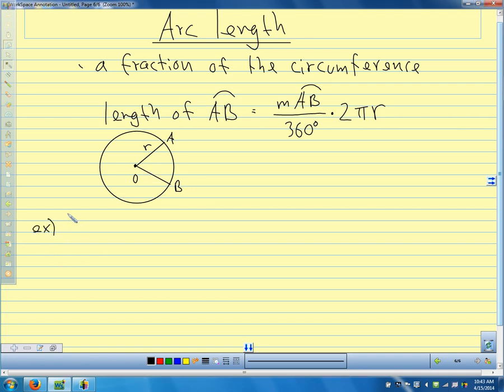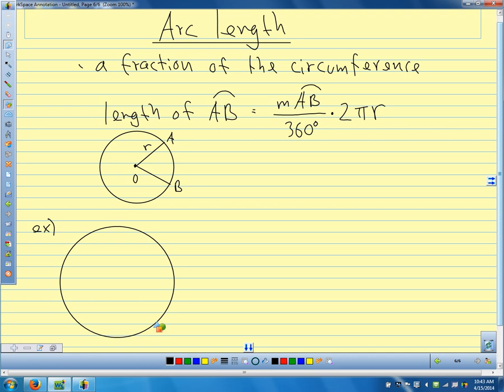All right, let's look at a quick example of calculating arc length, and then we will be done. Lots of little pieces of information, like I said. So our radius here is 4 feet.